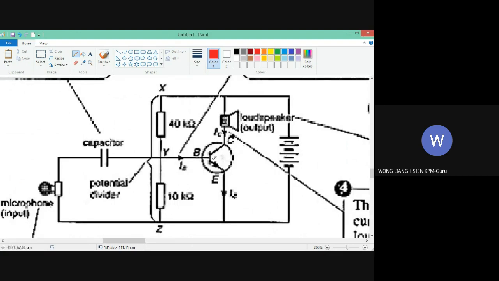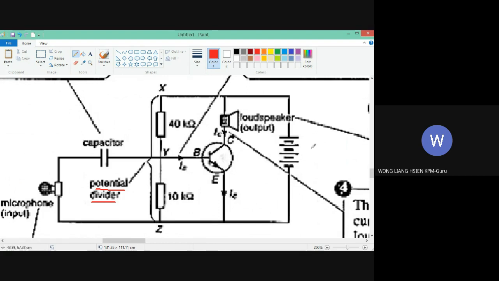This is a transistor, and this is the power source here, and you can see two resistors here. These two resistors act as a potential divider. This is 40 kilo ohm, this is 10 kilo ohm, so the ratio is 4:1.